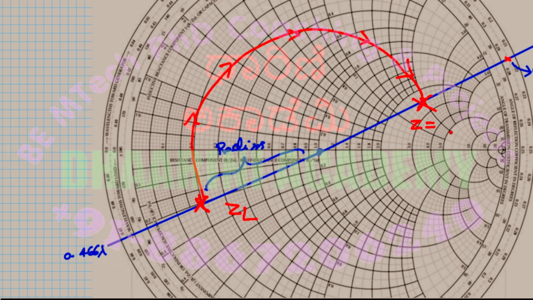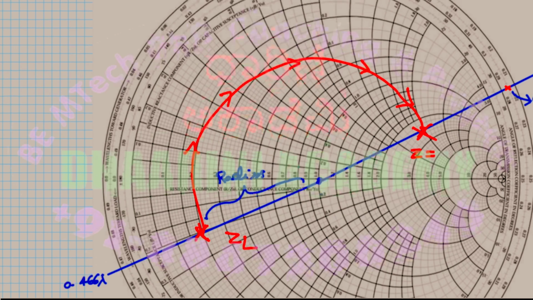This is the required Z value. You need to read two things: one is the R value and one is the X value. X is 0.3.